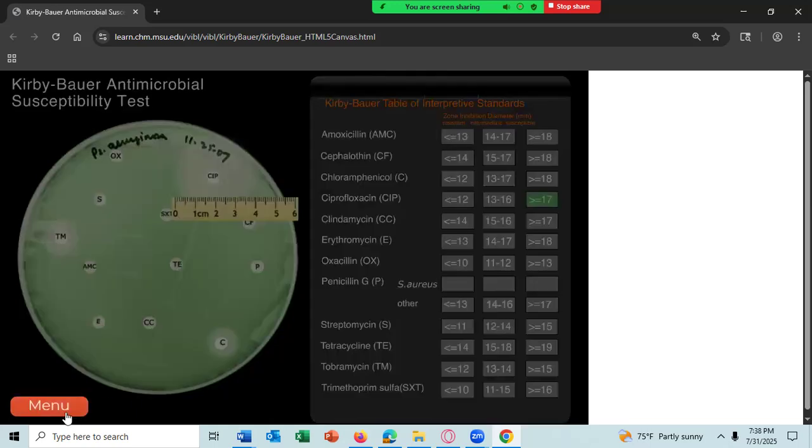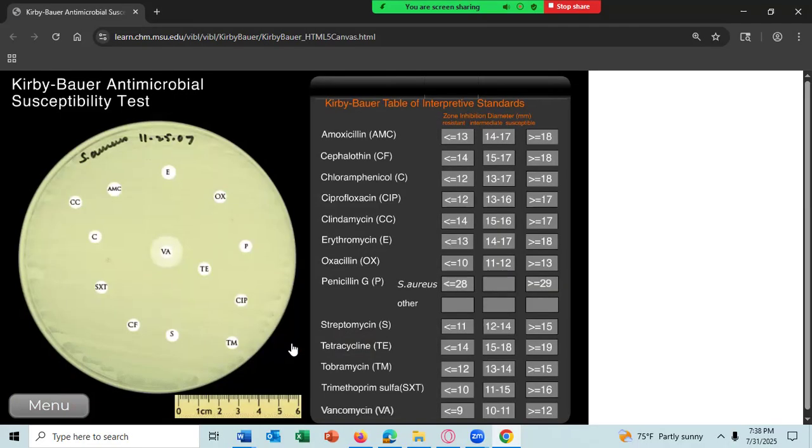And then hit the menu button again, restart, and it gives you Staphylococcus aureus. And you can see most of the bacteria are resistant because there's no zones of inhibition except for this one, which that's vancomycin, which means this is probably MRSA, Staphylococcus aureus, which is multi-drug resistant.